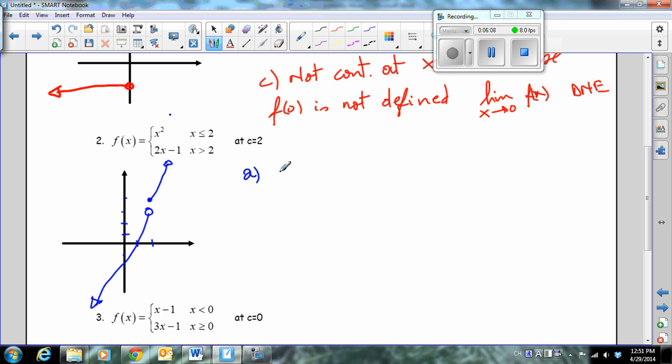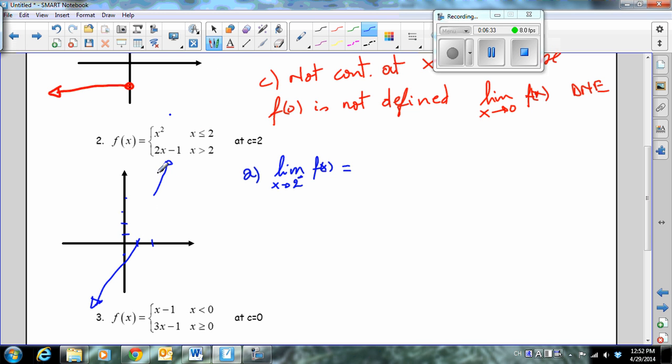But let's go ahead and look at limits. The limit as x approaches 2 of f of x, in this case, is equal to, let's do 2 from the left. I'm going from the left. I made a little mistake here when graphing, and I'll fix it right now.